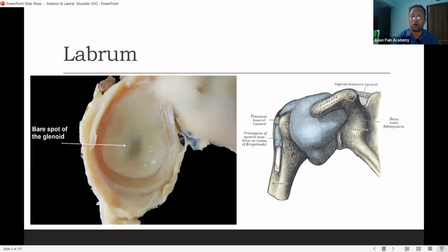So the capsule is also around the tendon. So you can understand, if there is fluid accumulation inside this synovial sac, some fluid can be seen around the biceps tendon also. Okay, that we will talk about later.